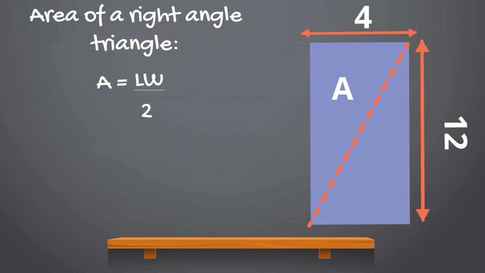Area is equal to length multiplied by width divided by 2. When we put the numbers in where they belong, that means that area is equal to 4, the length, multiplied by 12, the width, divided by 2. When we tidy that up, we get area is equal to 48 divided by 2. So that means that area is equal to 24.